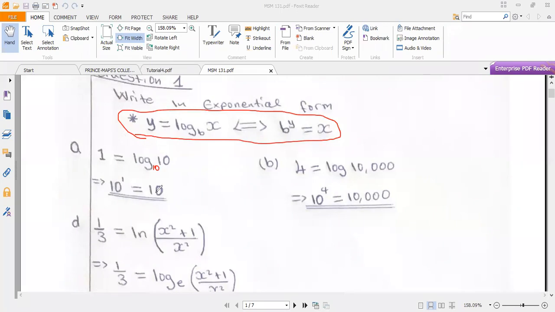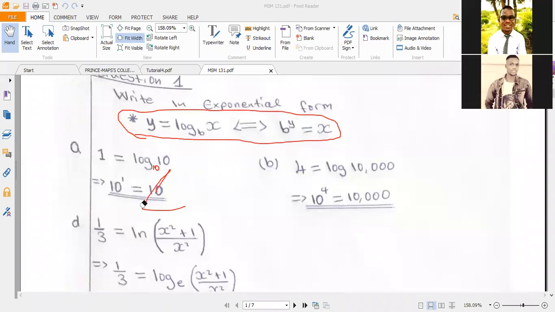You get the point? So that is the way to go with those equations.